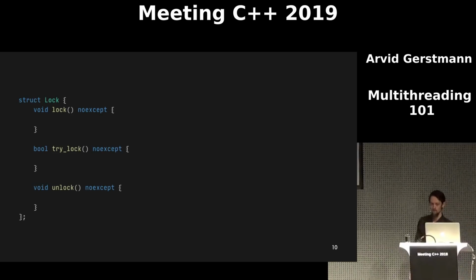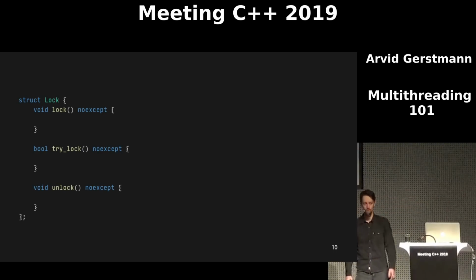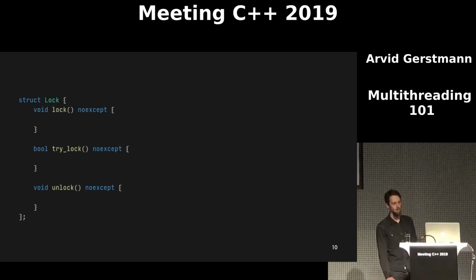Try lock will do the same, except that it returns immediately and will return as a status whether we could acquire the lock or not. And then there's unlock, which will unlock a previously held lock. Keep in mind that you shouldn't call unlock before actually acquiring the lock. This will produce pretty nasty behavior and is actually also undefined.